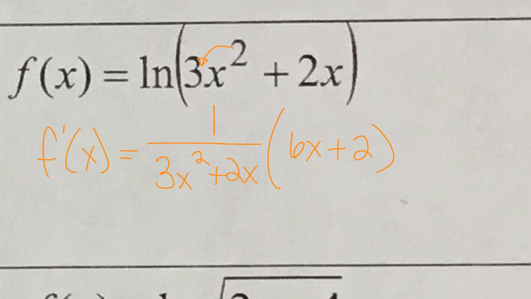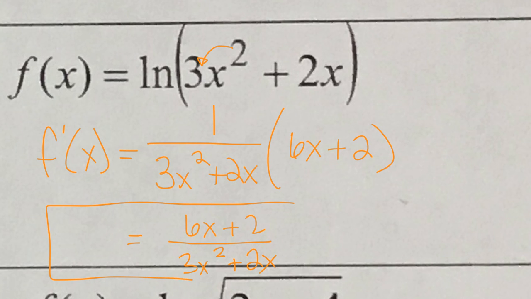Okay, so our last step would be to do some algebraic simplification and have a numerator of 6x plus 2 and a denominator of 3x squared plus 2x. So this would be the function that represents the derivative, or the slope of the tangent line at any point x on our original graph.